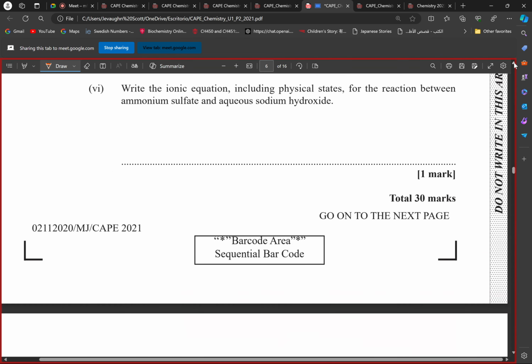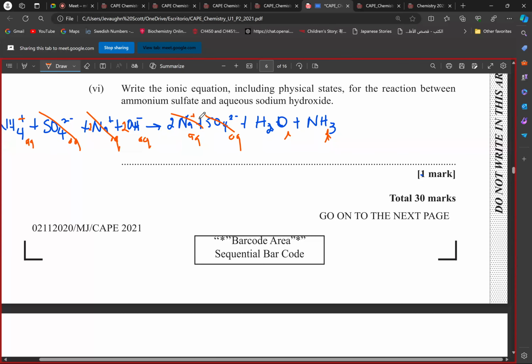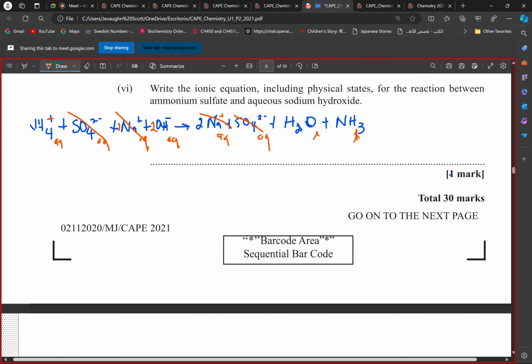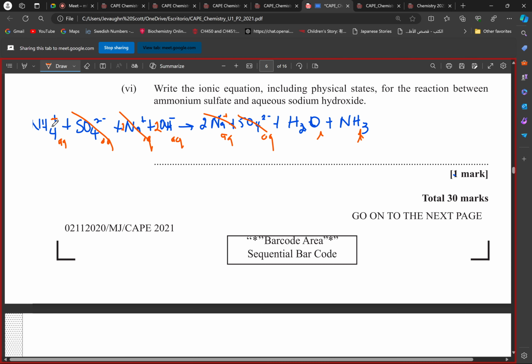Oh, a 2 is there, and a 2 in front of water too. Oh, the 2 is for the ammonia I added. Alright, so I didn't see that. Okay, hopefully they're being written. Alright, that is that. Okay?